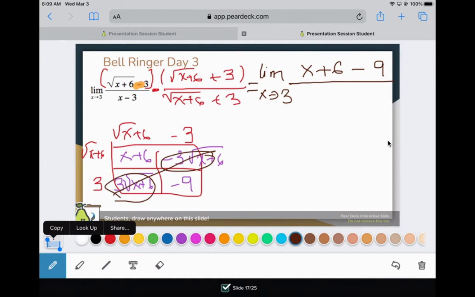So I copy these two up here. Okay, and on the denominator, I don't want to multiply them in. So this one, I would just leave it. The reason I want to leave it is because I want to cancel out the denominator. Look at this one. If I plug in the 3, it gives me 0. I don't want that. So square root of x plus 6 plus 3.